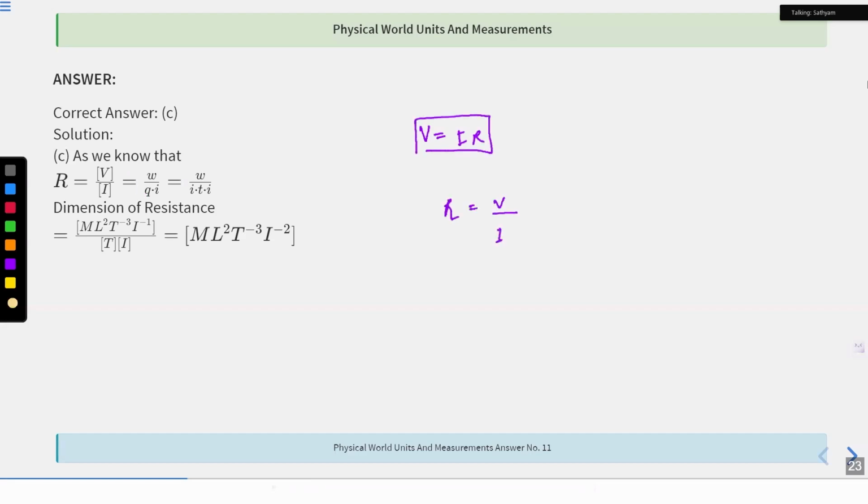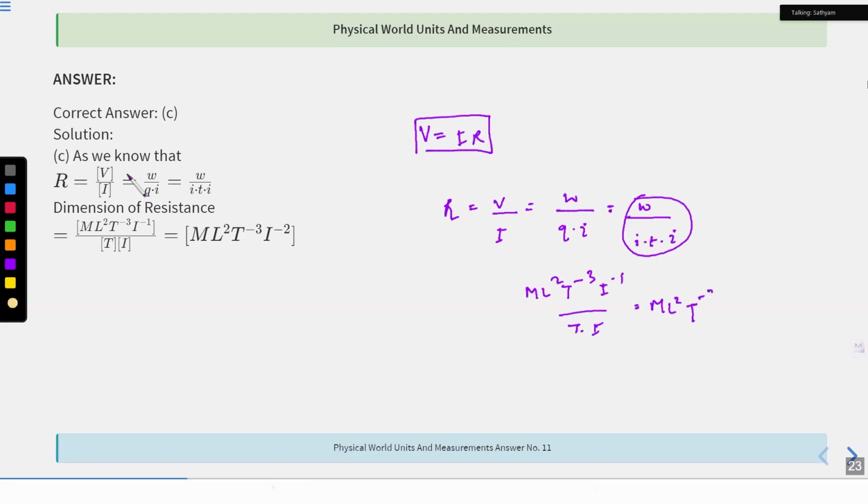This is V upon I. This is Q into I, that is W divided by I into T into I. Work per charge is voltage, so W upon this. So ml2 T minus 3 I minus 1 divided by I, which is ml2 T minus 3 and I minus 2. This is what is given over here. Okay, let's move to the next question.